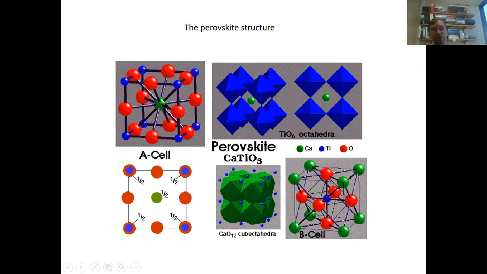So that calcium here in the middle of the unit cell is coordinated by 12 oxygen atoms in the form of a cube octahedron. Okay, so you see here actually multiple unit cells fused together, and you see here the cube octahedra with the calcium in the center and the oxygen at the corners.